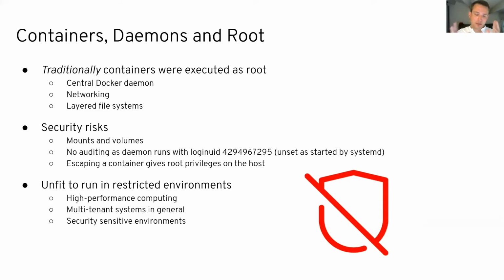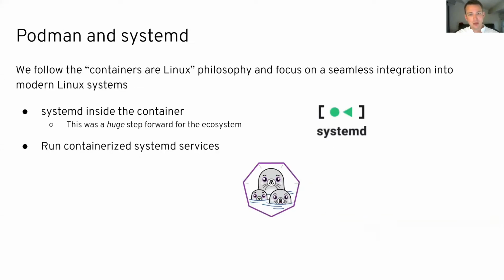So really, the daemon architecture and running as root cause certain problems in very restricted environments, such as HPC, multi-tenant systems in general, or, as I've just been elaborating on, security-sensitive environments.